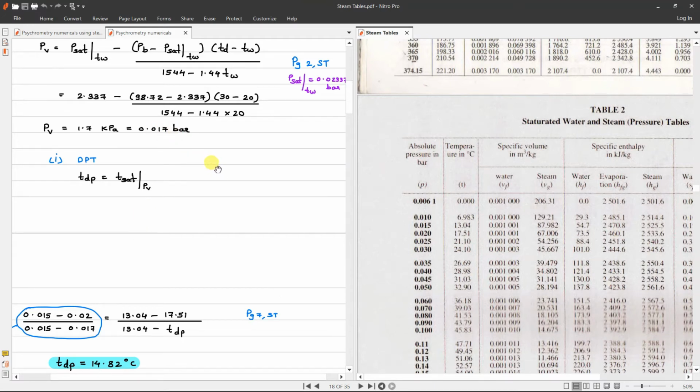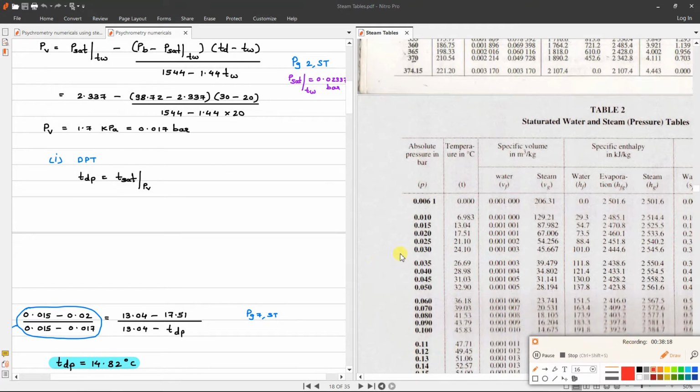Okay, understand this properly. We have to do interpolation over here. We have pressure, absolute pressure in bar, which is 0.017. It lies between 0.015 and 0.02 bar. So we have to do interpolation over here. How to do interpolation?